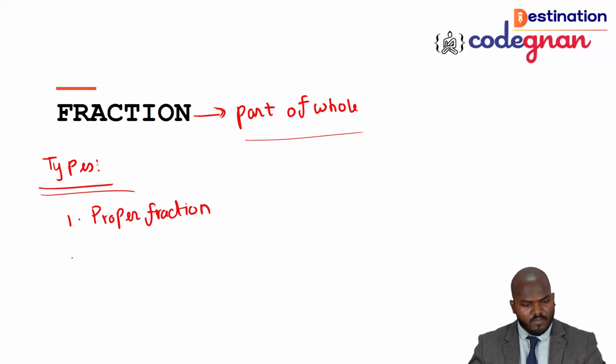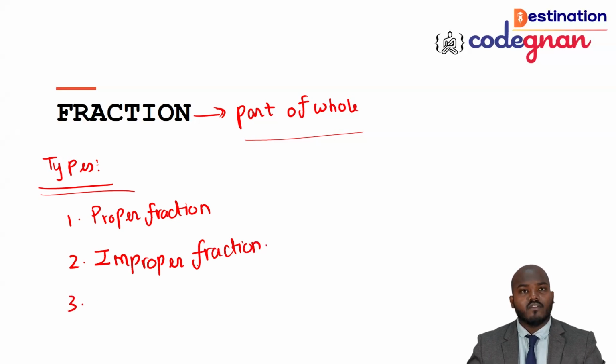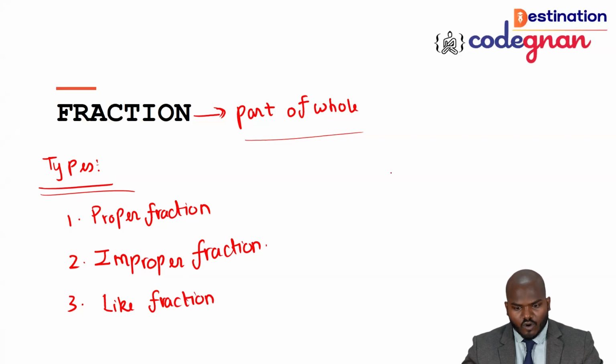And the second type, we can call it improper fraction. And the third type, we can call it like fraction. And the fourth one, we can call it unlike fraction.